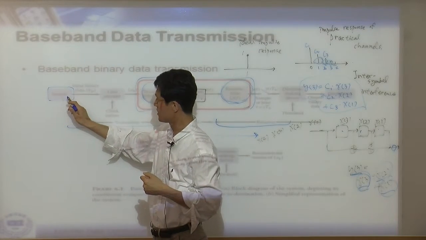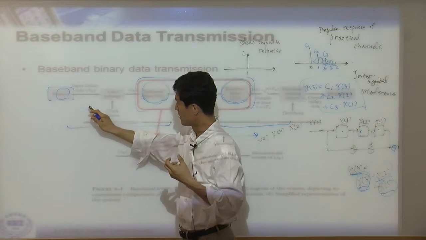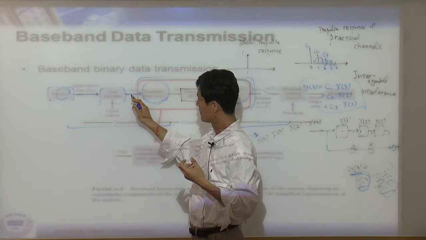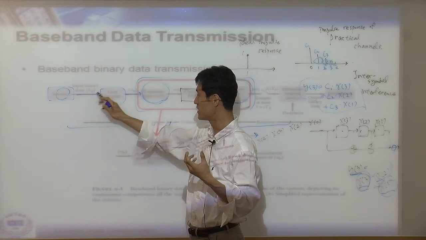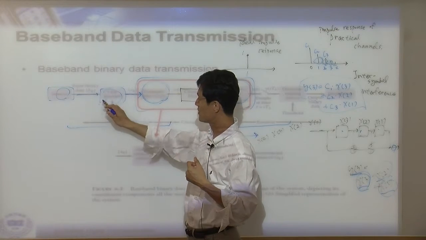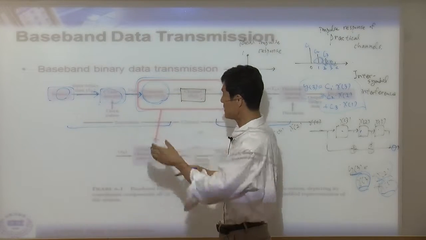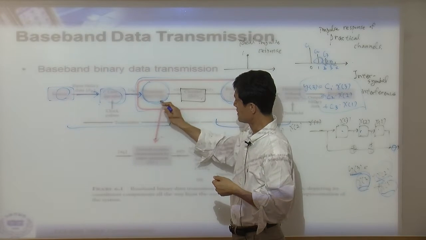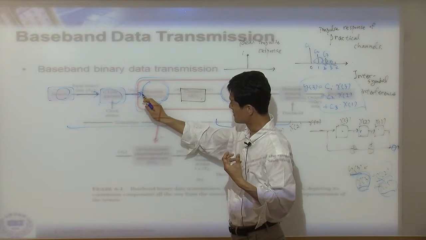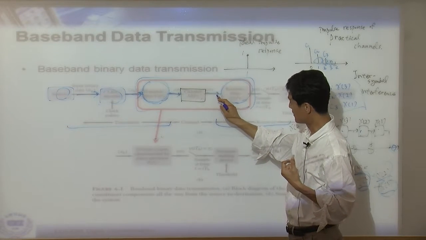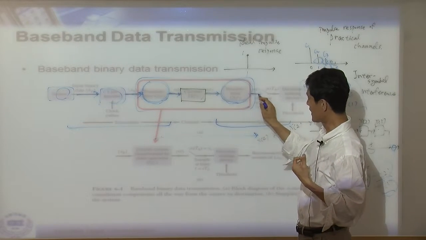So simply speaking, you have your original input, original information. That information goes to some block, and then you have output. What's the relationship between these? Your output is going to be a convolution of the impulse response and your input. Same thing here, again and again: this block has an input and an output, this one again input and output.